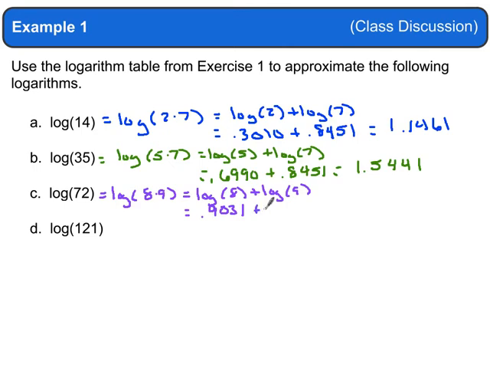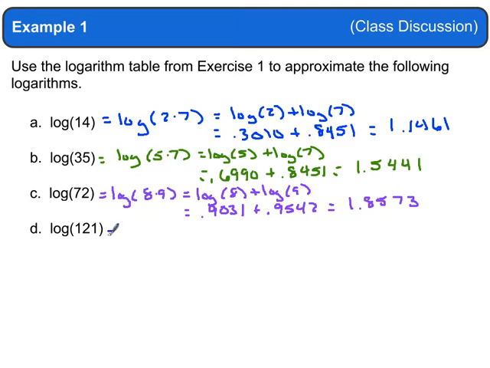Log 9 is 0.9542. If we add those together, we find out the log of 72 is 1.8573.